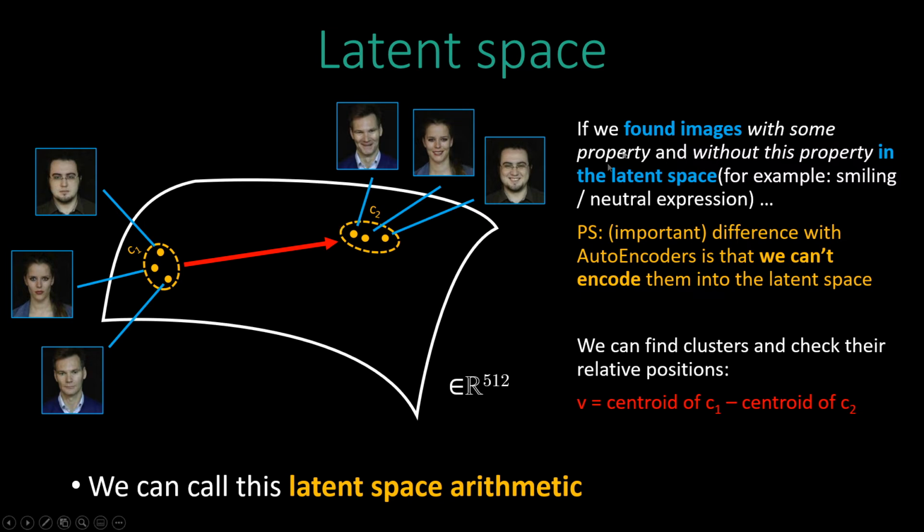And because this is a GAN, not an autoencoder, we found some places in that landscape which correspond to some faces, right? So we have found these to be maybe one property, and then this maybe to be another property, and we can do all sorts of edits on that.